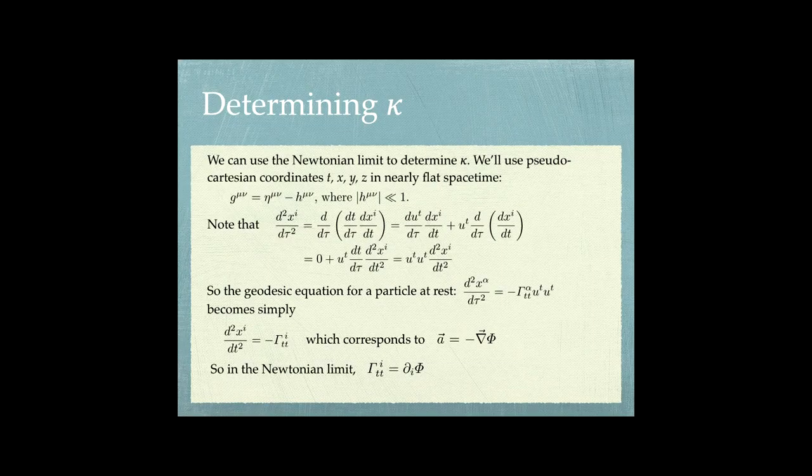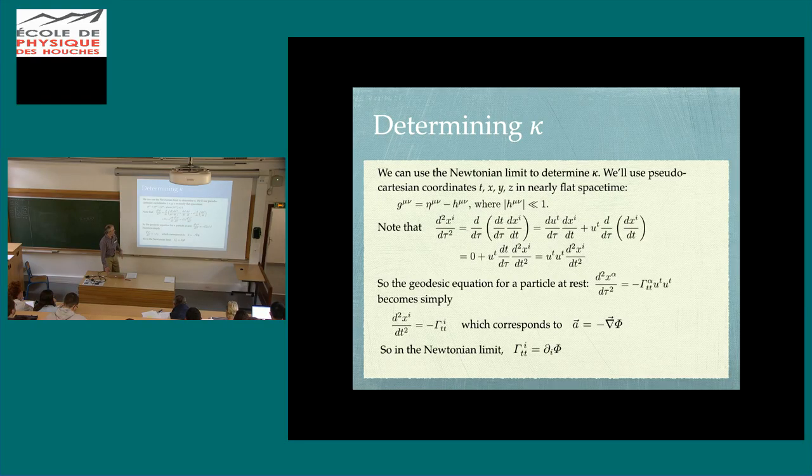So to determine K, I'm going to skip over a lot of this except to point out a couple of things. We're going to take a kind of Newtonian limit to see what it should be, and I can mess around with the geodesic equation in that case.